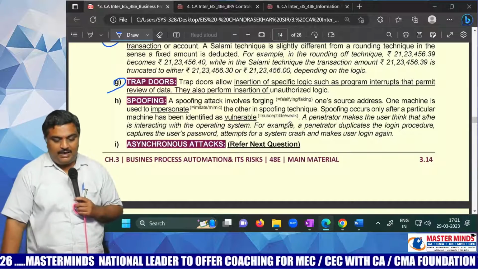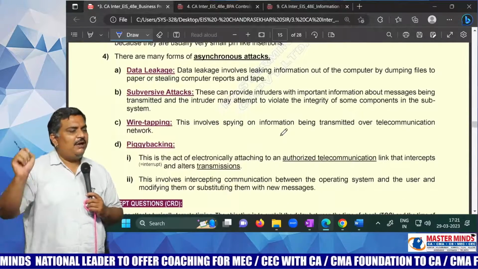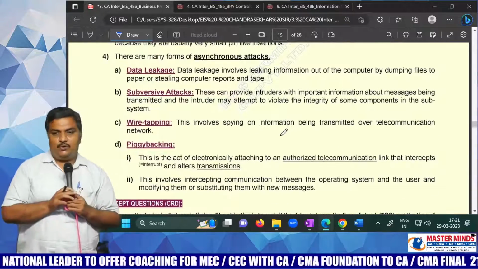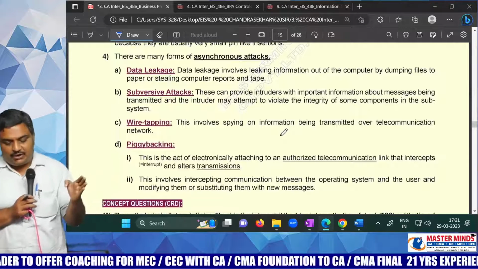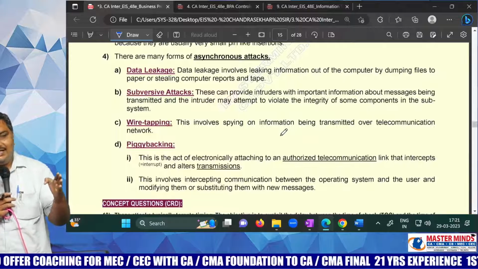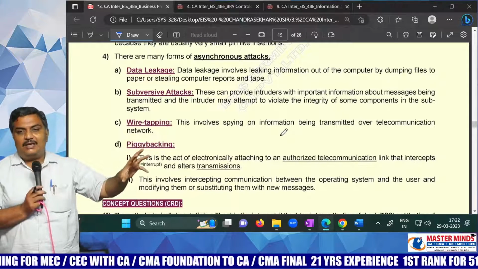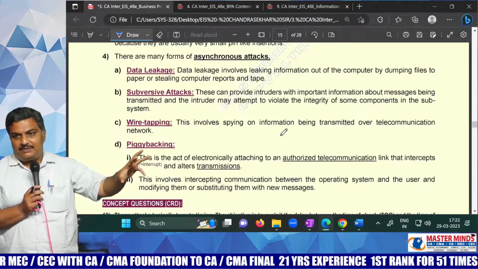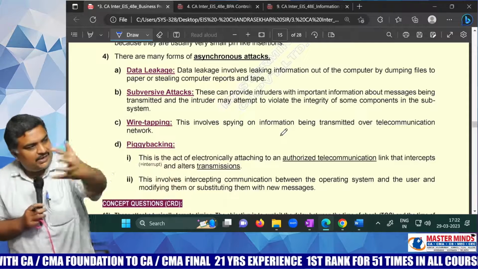Okay. And asynchronous attacks. Asynchronous attacks means what? They are spin-like insertions where nobody knows. See, synchronous, asynchronous: whenever we talk about synchronous and asynchronous, they refer to timing. So when will these asynchronous attacks take place? Say for example, all of us are having computers.